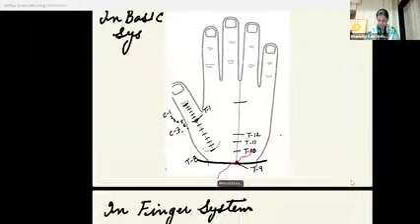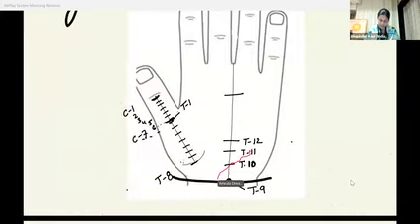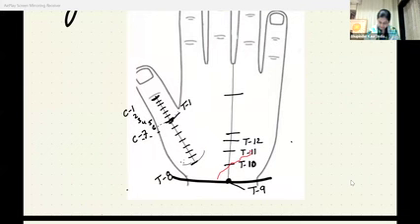Now lumbar. Lumbar has 5 vertebrae, L1, this is L5, L2, 3, 4, 5.